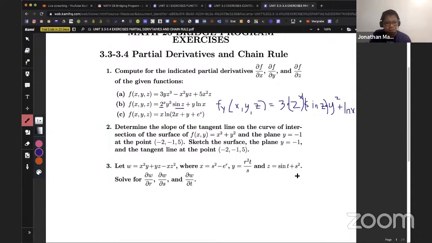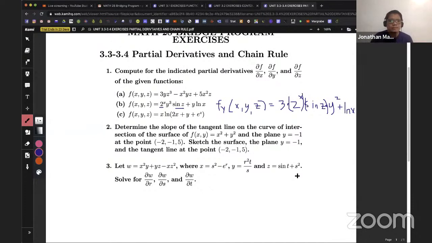Determine the slope of the tangent line on the curve of intersection of the surface of f of xy equals x squared plus y squared and the plane y equals -1 at the point -2, -1, 5. Sketch the surface, the plane y equals -1, and the tangent line at the point -2, -1, 5.